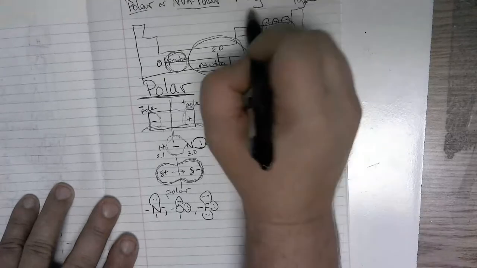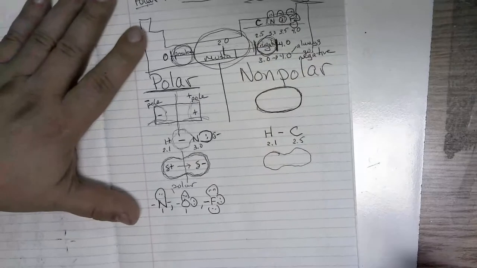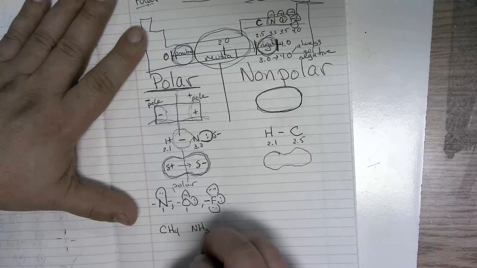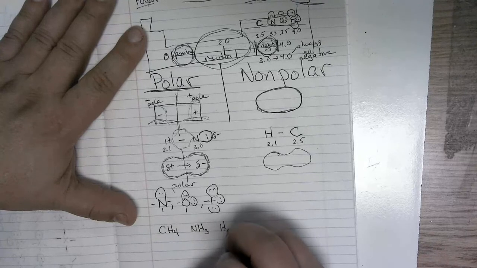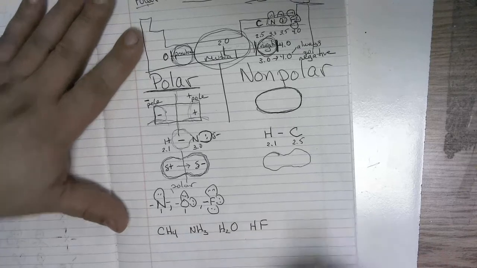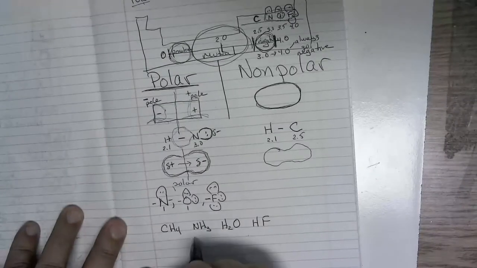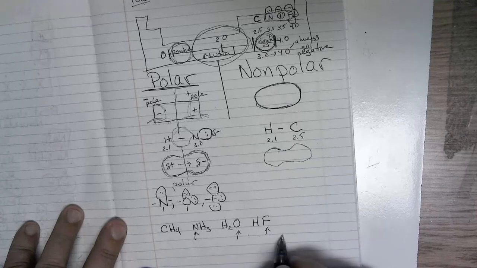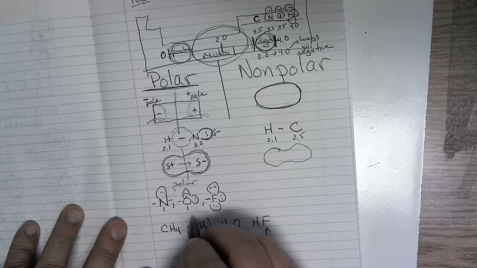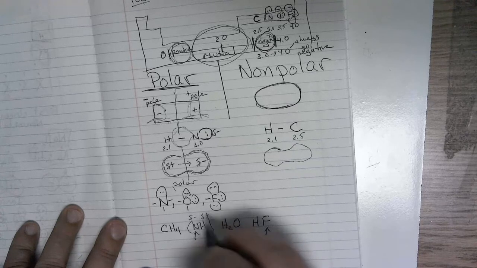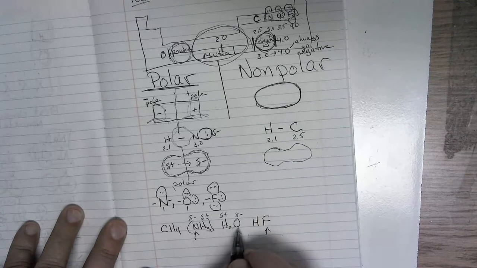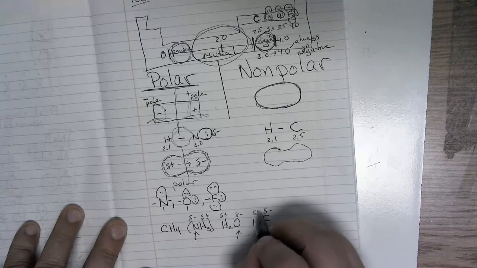So how do you recognize bond type, whether it's polar or nonpolar? Let's look at a couple. Let's say we have CH4, NH3, H2O, or HF. Those three, NH3, H2O, and HF, have strong electronegativities. So these three molecules are going to be partially negative, partially positive. Partially positive on the H, partially negative on the O, and so on.